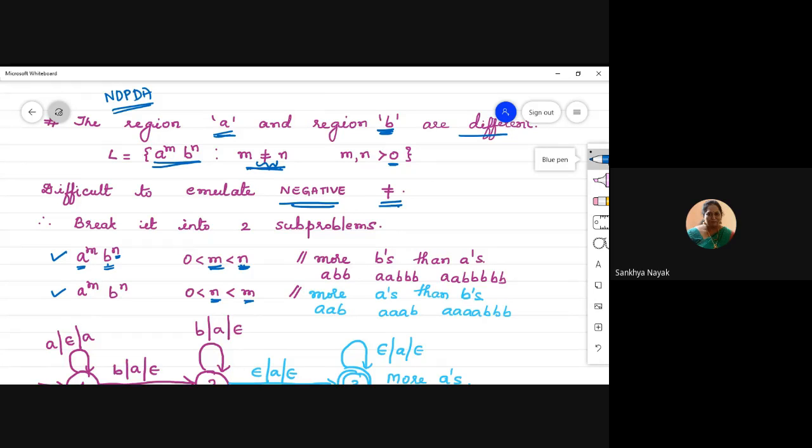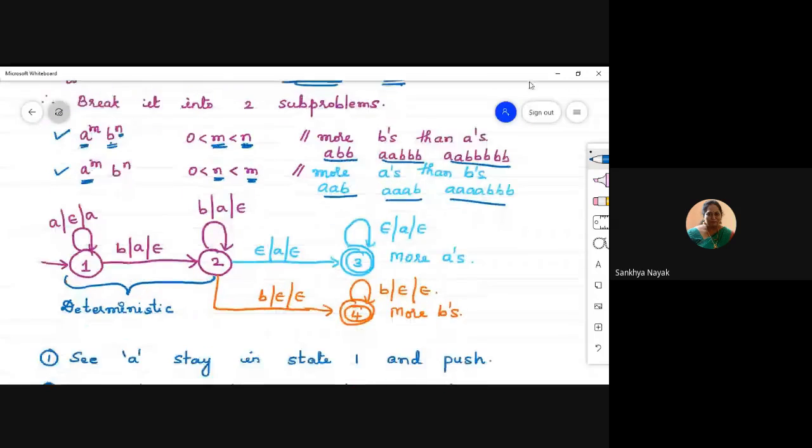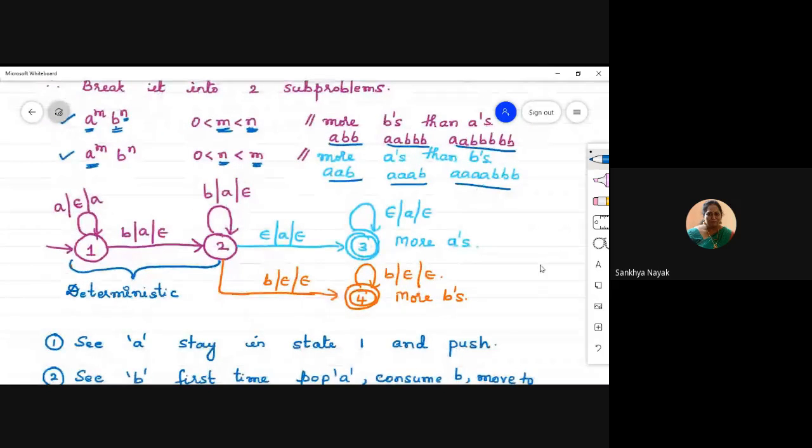Similarly, if N is less than M, it means A's are more. Here are some examples for B's being more, and similarly, these are the examples for the alphabet A being more in number than B. So we designed this also yesterday.